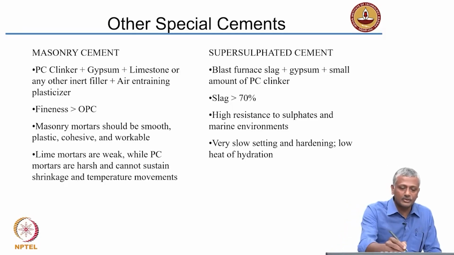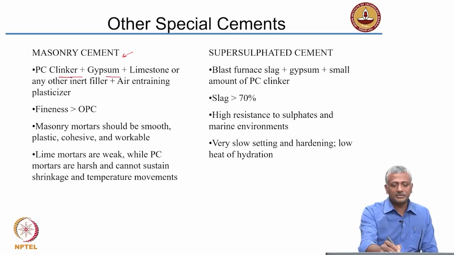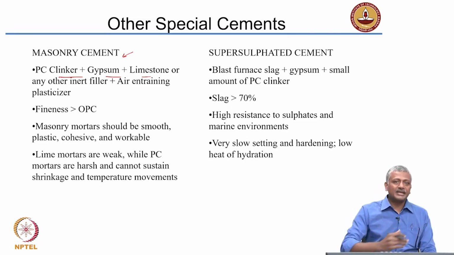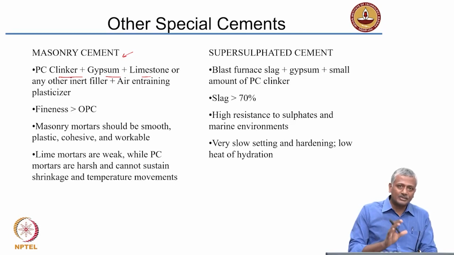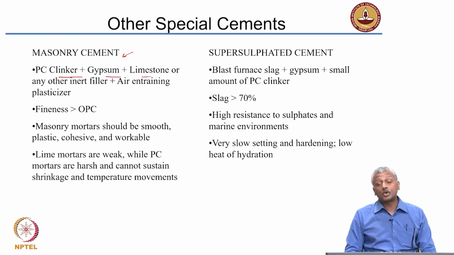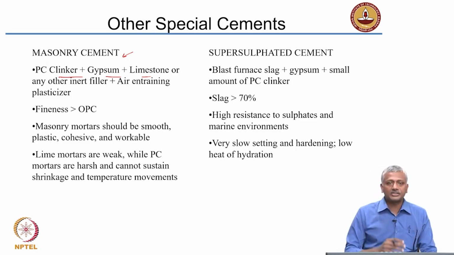You can use what is called masonry cement, and this is a mixture of cement, gypsum and limestone, or sometimes other fillers and also some air entraining agents, which give a very nice consistency and ease of application as opposed to normal cement. Of course, it does not have as good a strength as your normal Portland cement, but at the same time it is much better suited for masonry purposes.